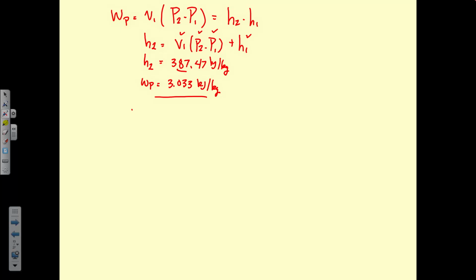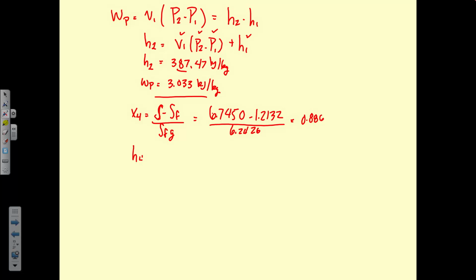So X4, our quality, is S minus S sub F over S sub FG, which is 6.7450 minus 1.2132 divided by 6.2426, which gives us a quality of 0.886. We could probably round that to 0.89.